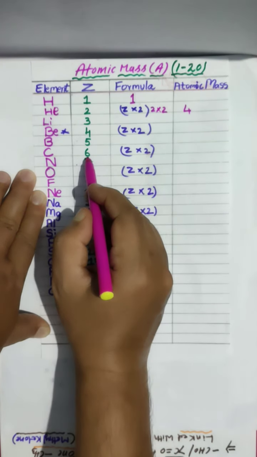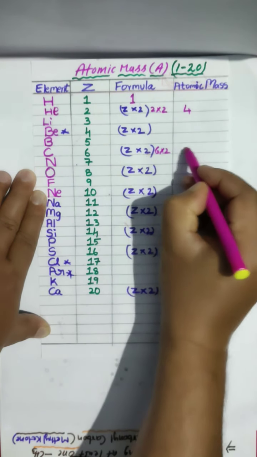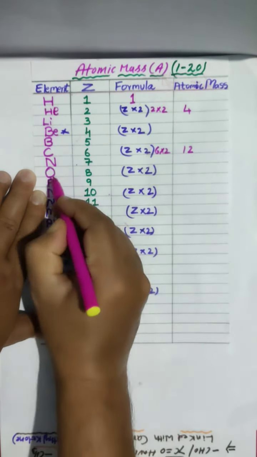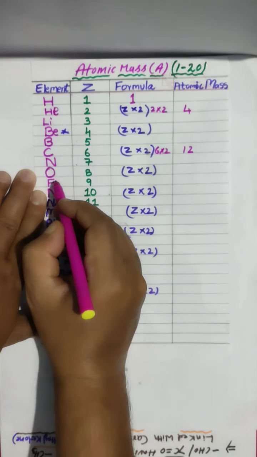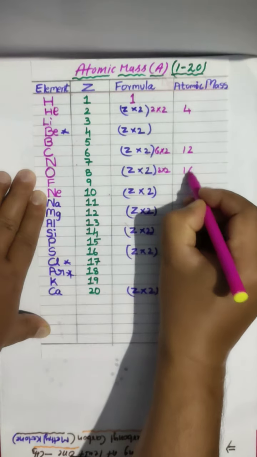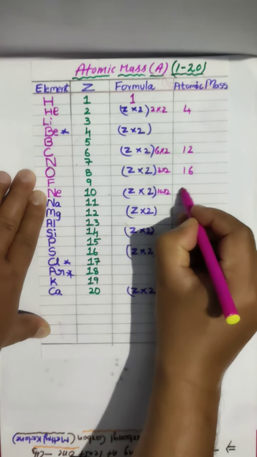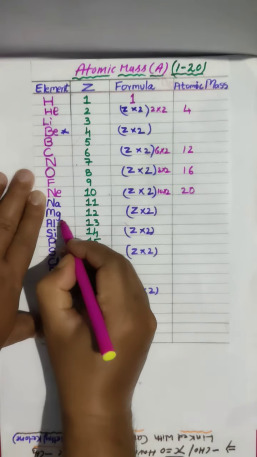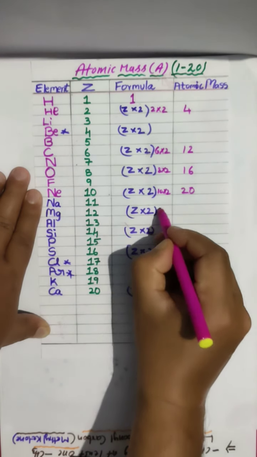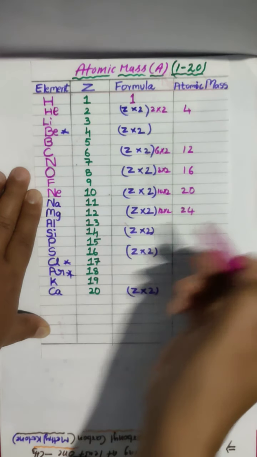Z is 6, 6 into 2, 12. Next, oxygen, 8 into 2, 16. Neon, 10 into 2, 20. Next, magnesium, 12 into 2, 24.